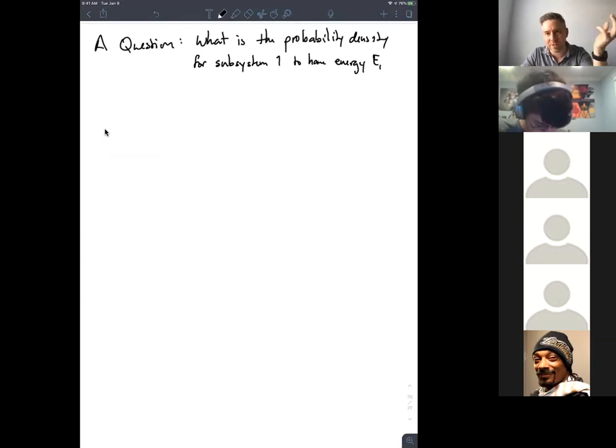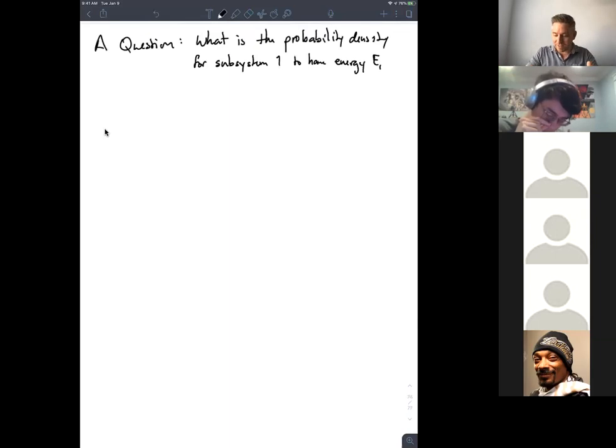Just like we did last time with the microcanonical ideal gas, we asked what is the probability density for the momentum of one molecule to have a specific value. We're asking the same thing here. If we have these two subsystems that can talk to each other through exchanging energy, what is the probability that we're going to find subsystem 1 with a given specific value of the energy, which we call E1?